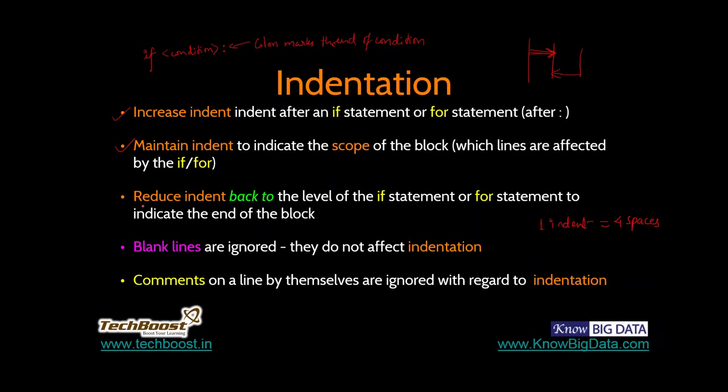All right. Now, reduce indent. Let's see the third one. Where do we need to reduce the indent? As we talked, it is all about indenting the code out or indenting back in. So when do we reduce the indent? When we want to go back to the level of the parent statement, that is the if statement or for statement.